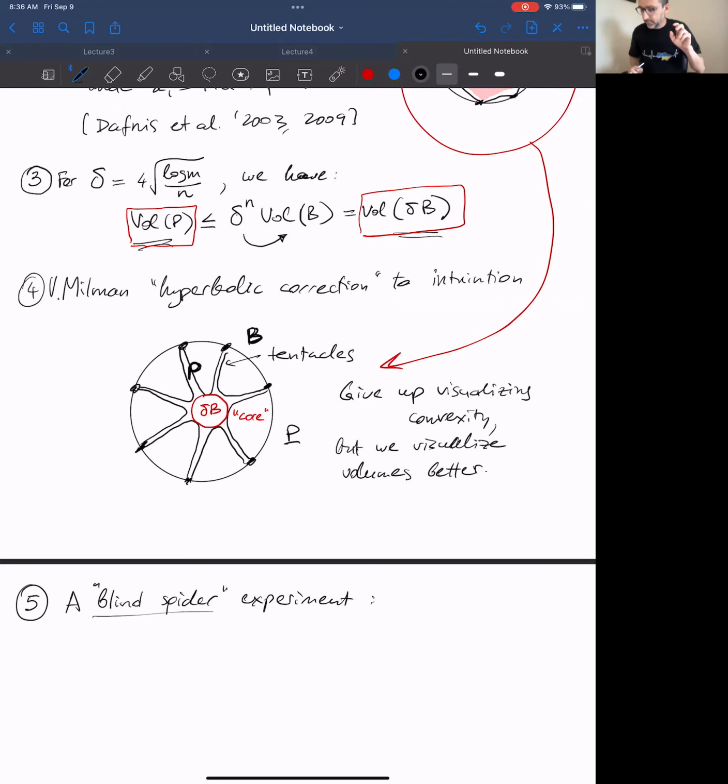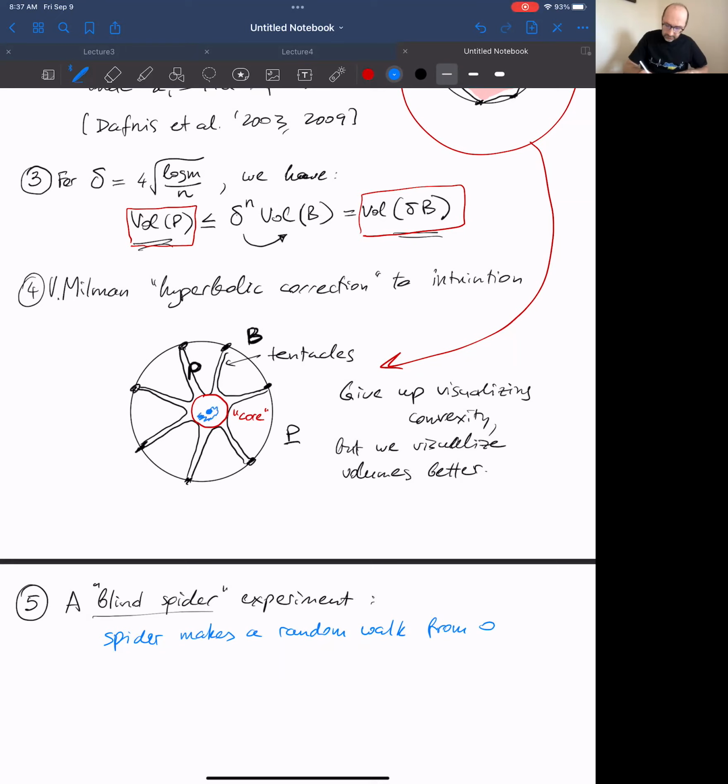So suppose that you have a spider sitting here in the middle of this ball. The spider crawls erratically, randomly. The spider makes a random walk starting from the center, from the origin.